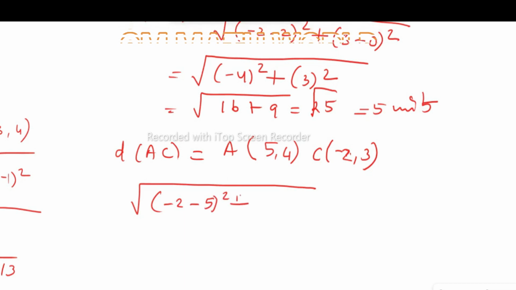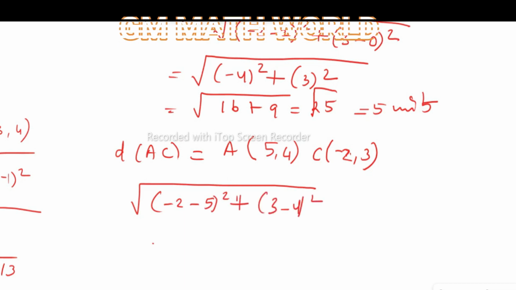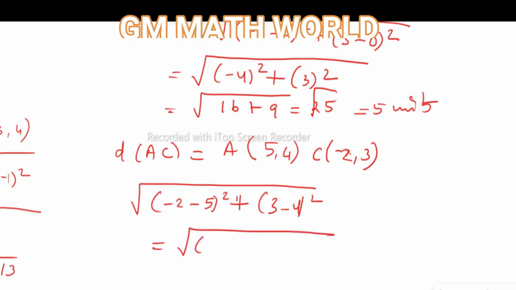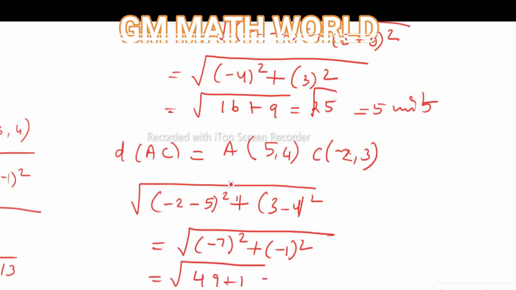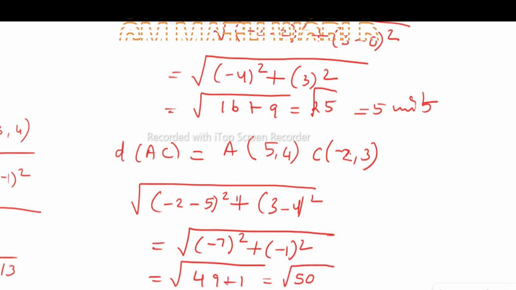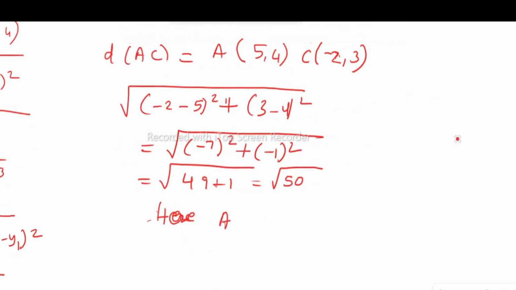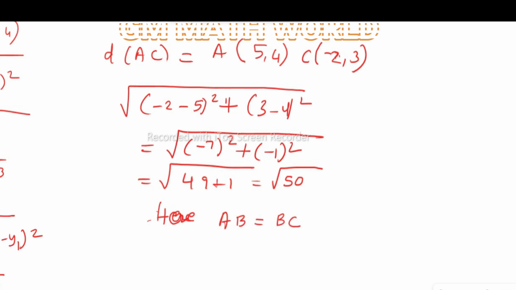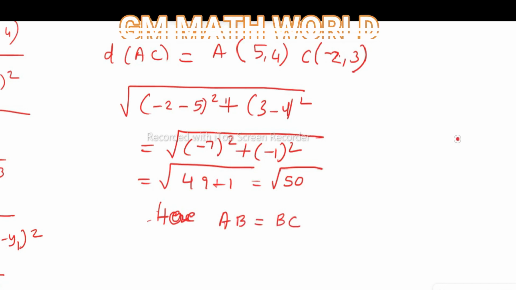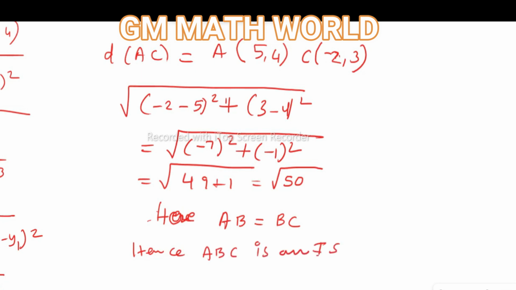Minus 2 minus 5 is minus 7, squared is 49, and minus 1 squared is 1, so the square root of 49 plus 1 is the square root of 50. Therefore we obtain that AB equals BC, hence ABC is an isosceles triangle.